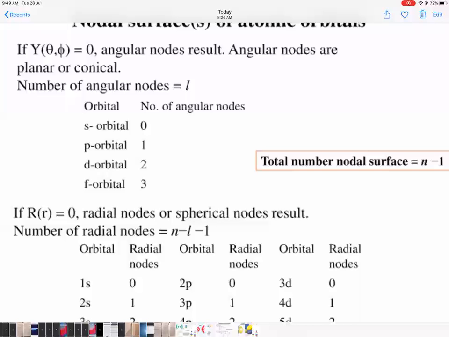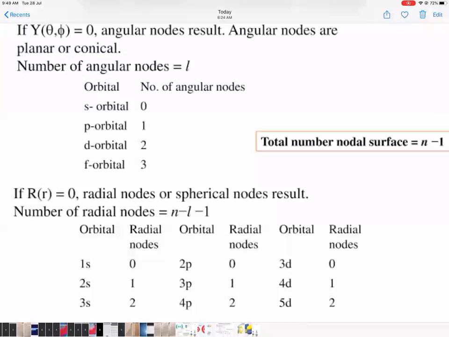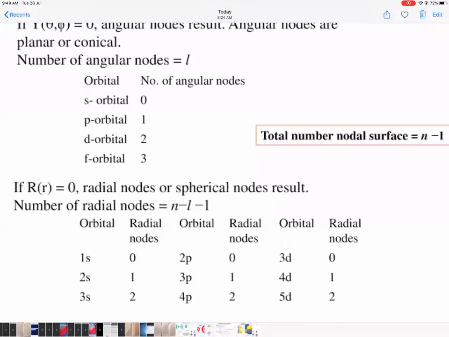A node is a region where the probability of finding an electron is 0. So the L value indicates the total number of angular nodes. The total number of radial nodes is n minus L minus 1. These are two formulas that I would advise you to remember.